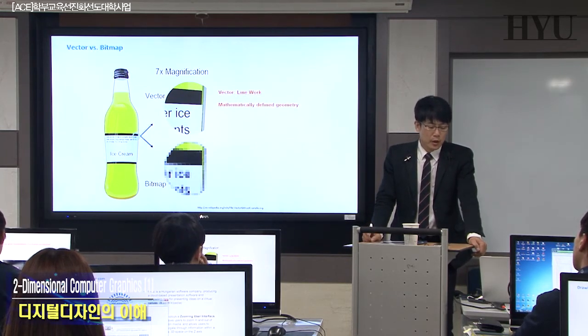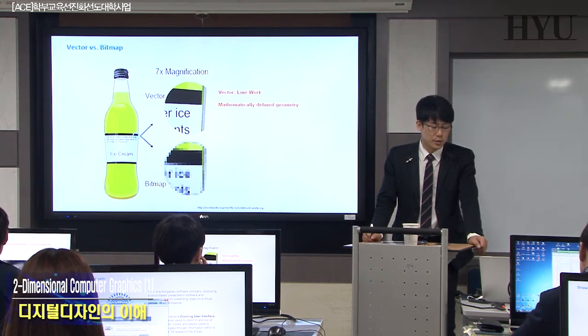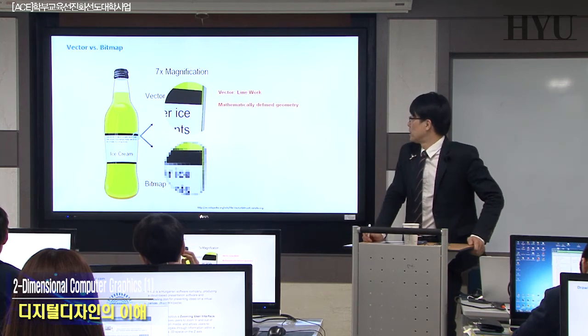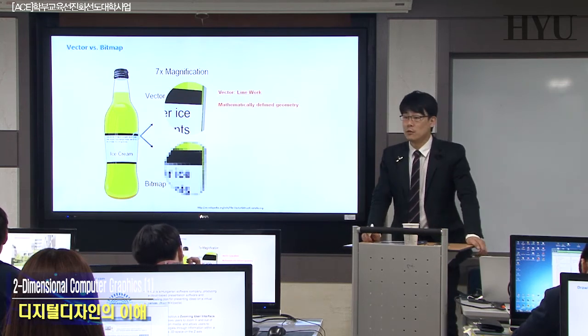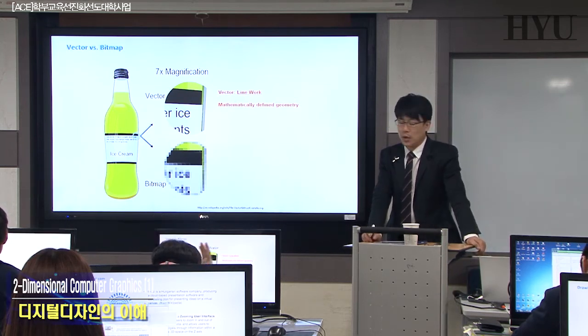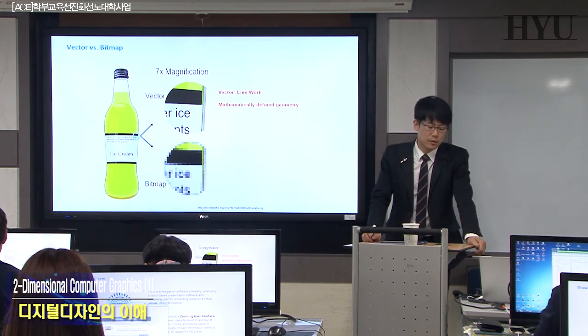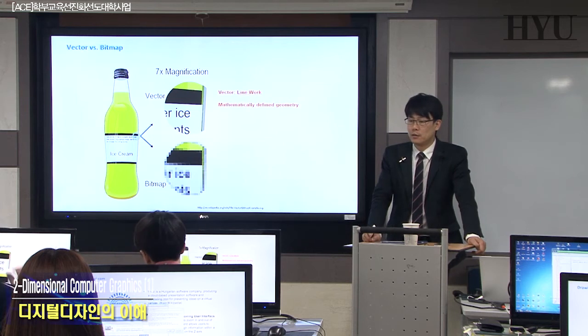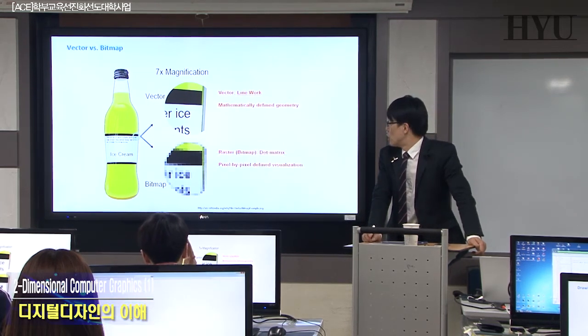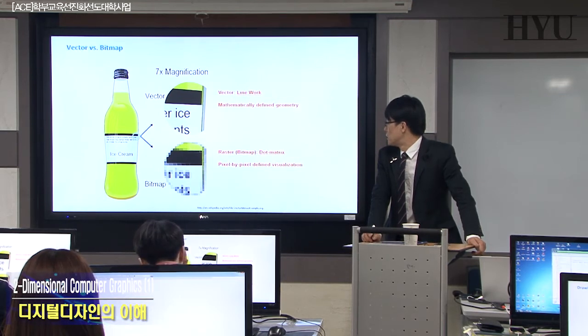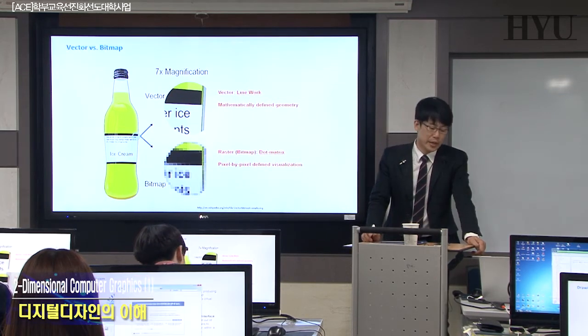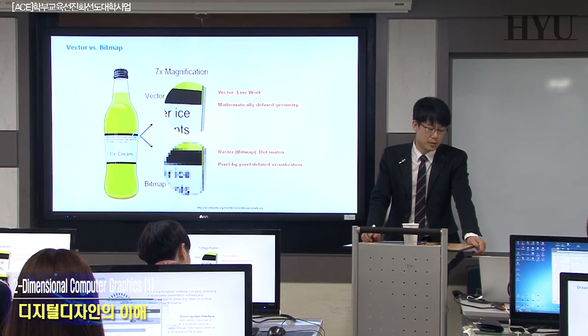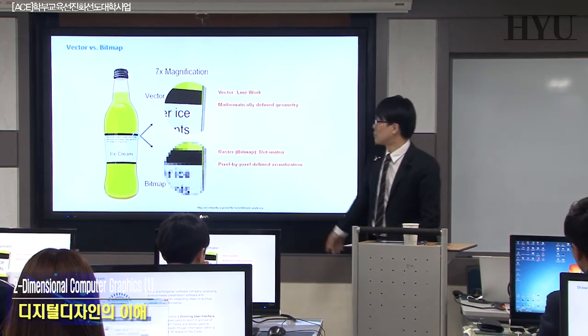But let's talk about a little bit more detailed issues. Usually vector graphics, we call it line work, because all the lines should be mathematically defined in terms of their geometry. But a raster bitmap image is a kind of dot matrix. Dot matrix means dot by dot.